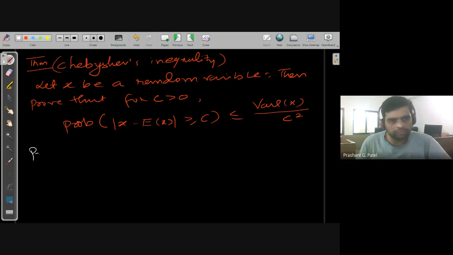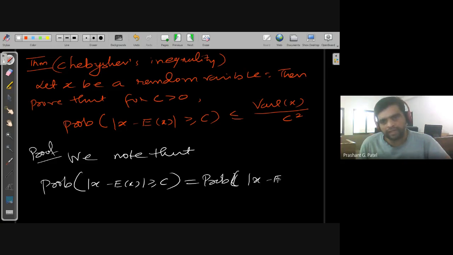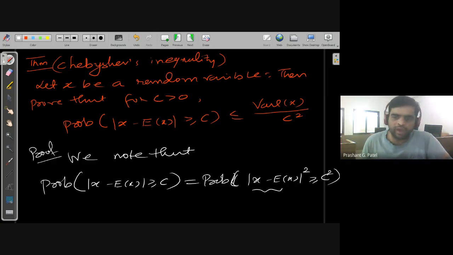Now to prove this, first we note that the probability of |x minus expected value of x| greater than or equal to c is the same as the probability of |x minus expected value of x| squared greater than or equal to c squared. Let us take this value as y.